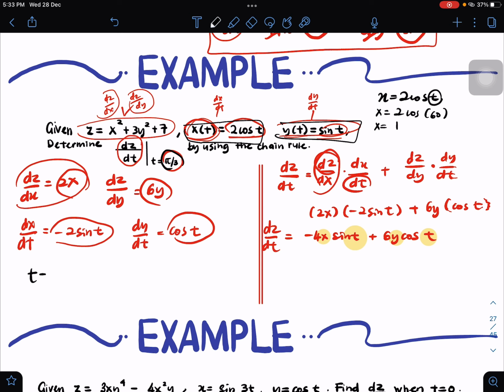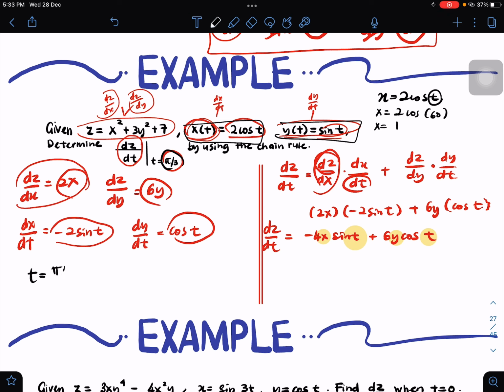Now you have t equal to pi over 3 and x equal to 1. You need to find y. y is given by the function sin t. So at t equal to pi over 3, your y is equal to root 3 over 2. So when the question asks you to find the value when t is equal to pi over 3, you just need to substitute all the values here.